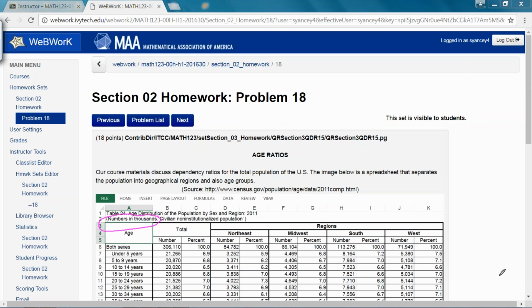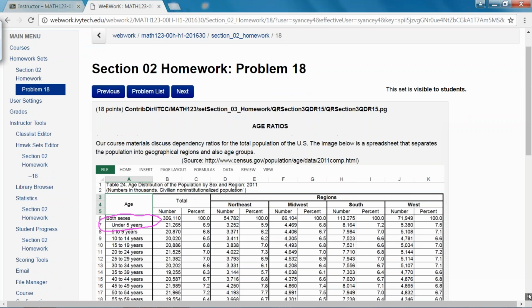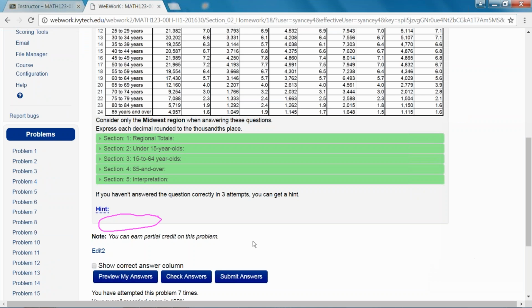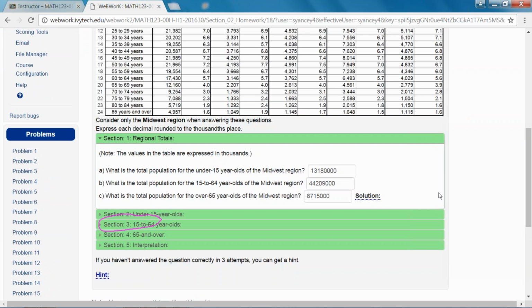So when you totaled your groups, my under 15 are the regional totals. When you add it up, you get 13,180. But because the chart is in thousands, you have to add 3 more zeros because every one person, number 1, counts as 1,000 actually. That is where most people run into the problems.